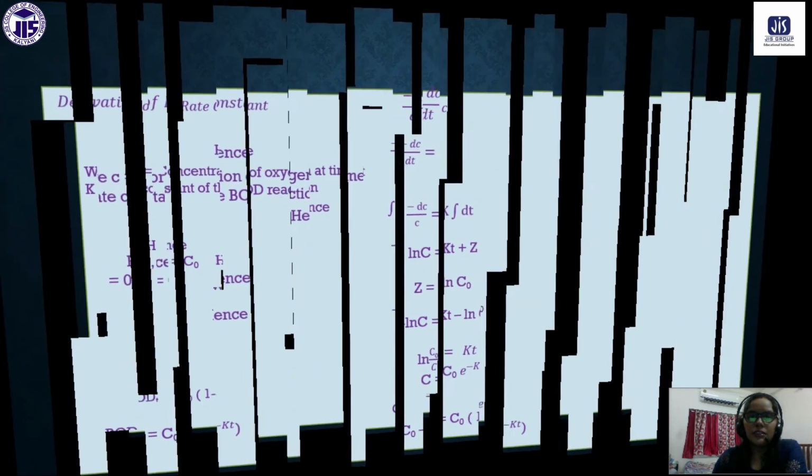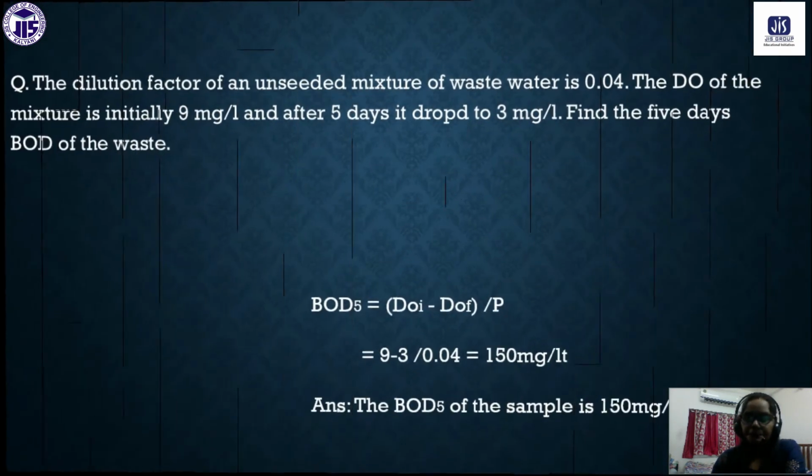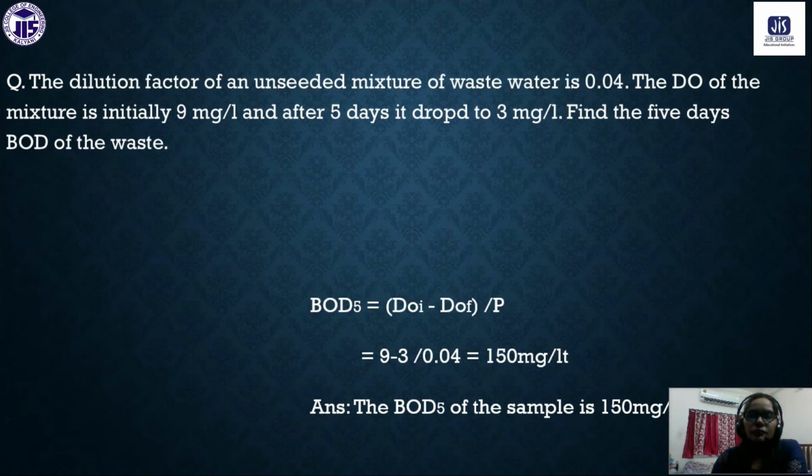Next. Already we have seen the question: the dilution factor of a mixture of wastewater is 0.04. The initial dissolved oxygen is 9 milligram. After 5 days it is 3 milligram. What will be the BOD5?